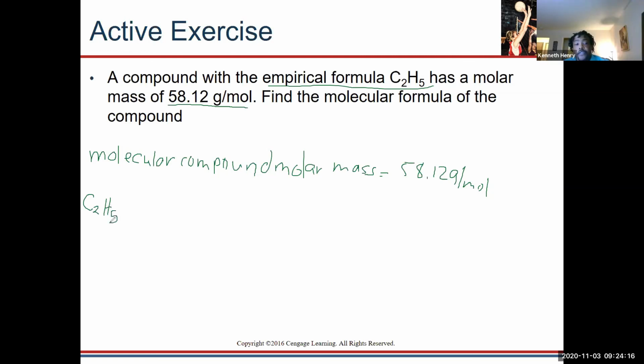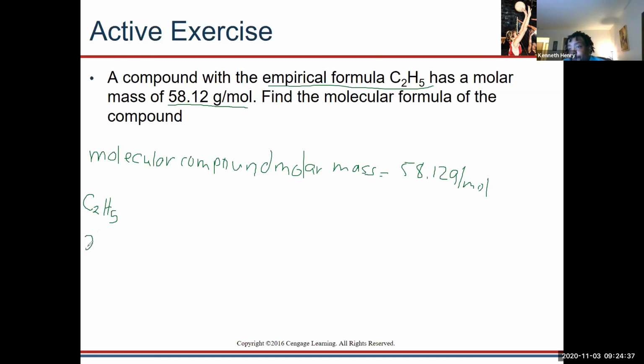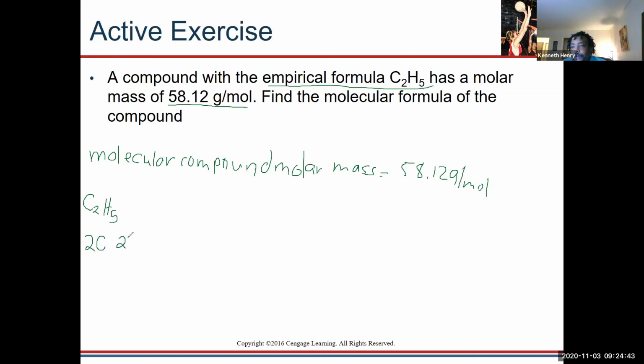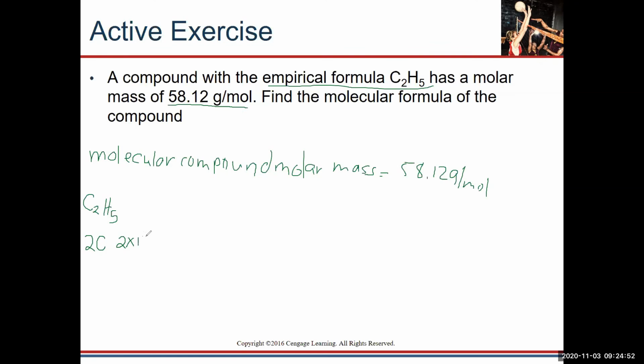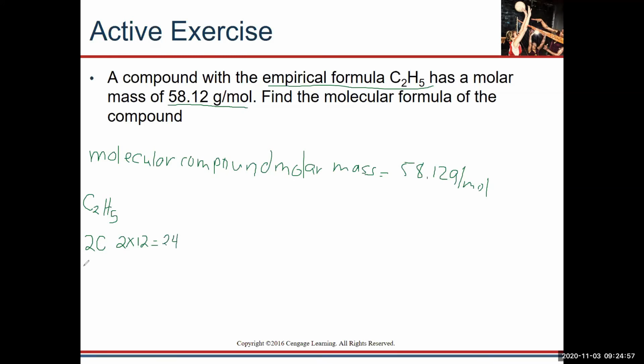If I wanted to calculate the molar mass of my empirical formula, how would I do that? I'd use the periodic table. How many carbons do I have? 2. What is the molar mass of carbon? 12. 2 times 12 is 24.